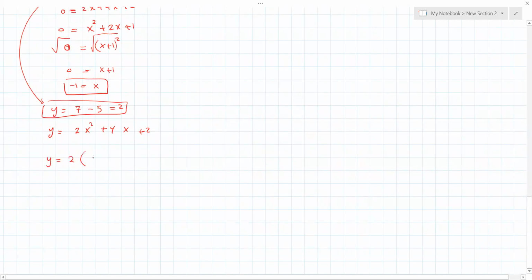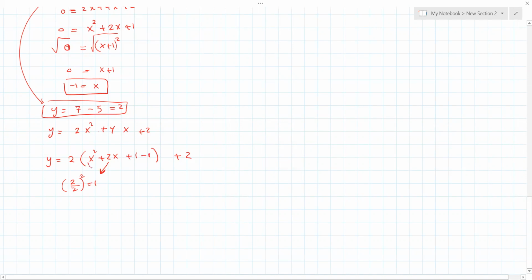So 2 times (x squared plus 2x plus), and in order to get a perfect square, we need to start with the number next to x. We divide it by 2 and square it. With that, we determine which number should be added and subtracted to this function here. So basically, we add 1 here, and we need to subtract 1 as well.